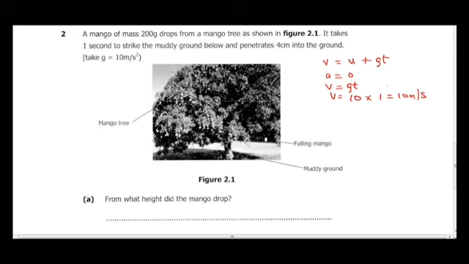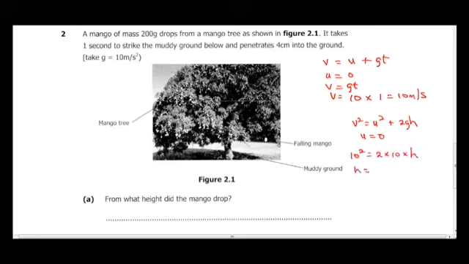We can now use this to calculate our height, using v squared equals u squared plus 2gh. Also note that u is 0. So 10 squared is equal to 2 times gravity times height.